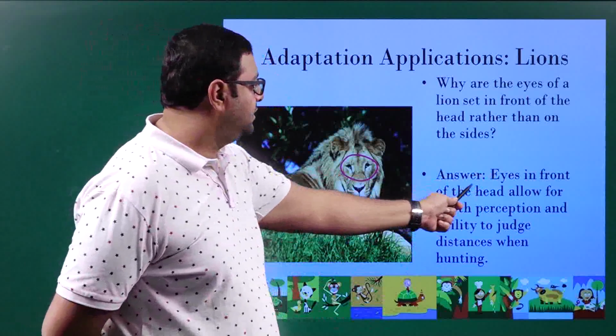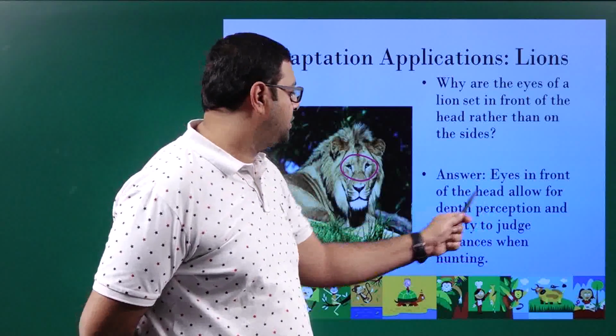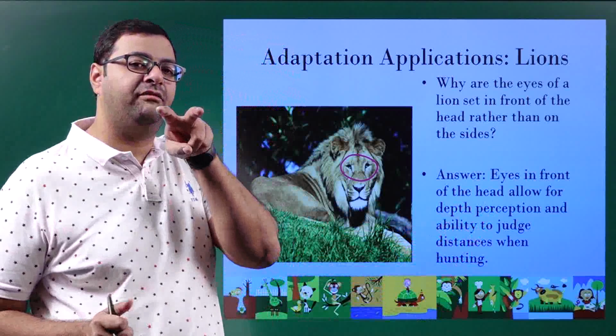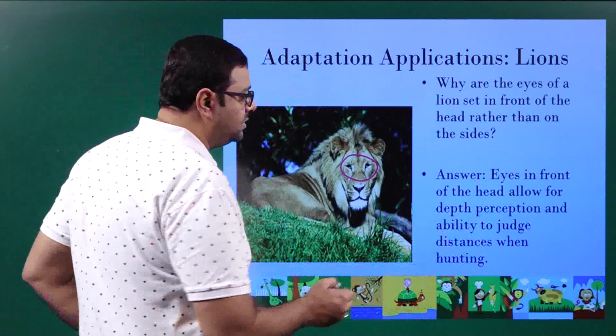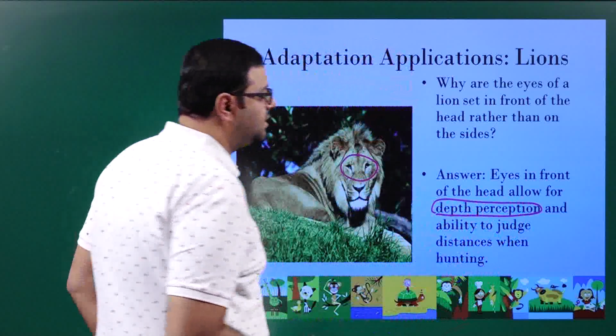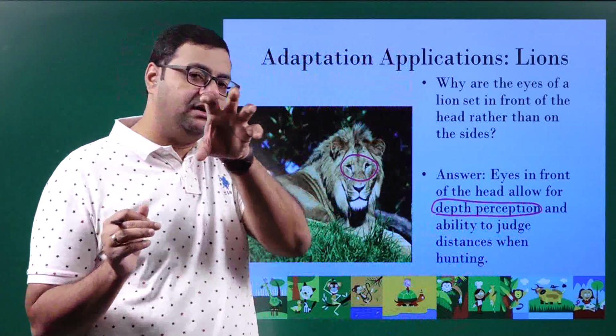Eyes in front of the head allow for depth perception and ability to judge distance when hunting. So when the eyes are in the front, they allow for depth perception. That means what? What is the distance of the prey from the predator?